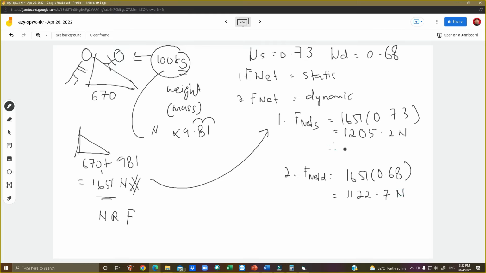So the answer will be greater than 1205.2 Newton for the first one, and number 2 greater than 1122.7 Newton. That is the answer. Okay? Are you okay? We go to the next one.